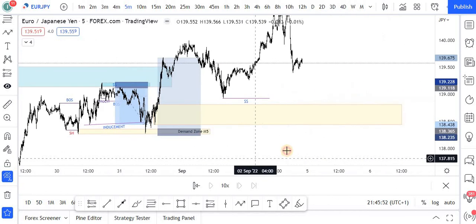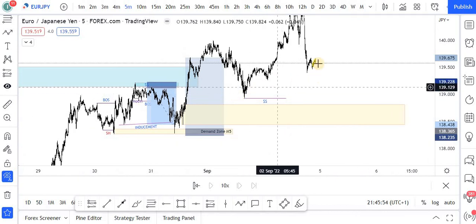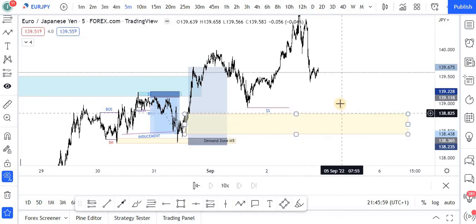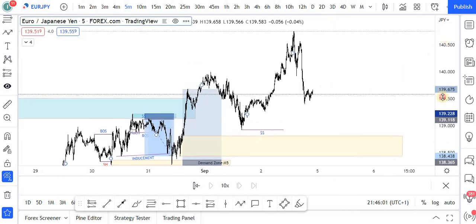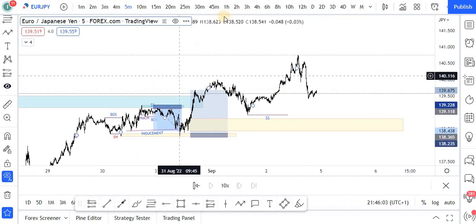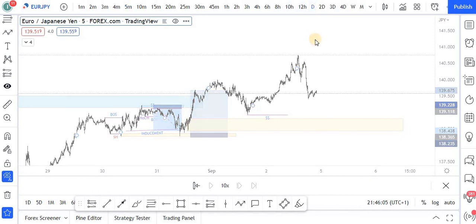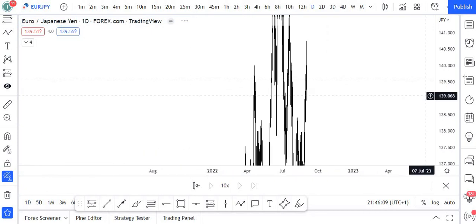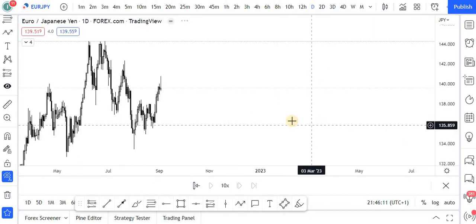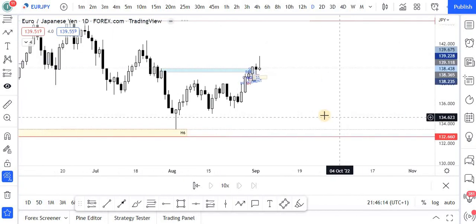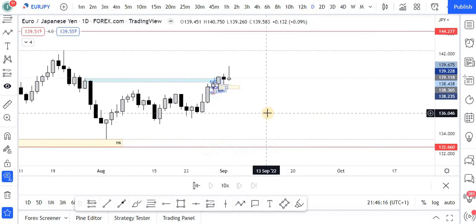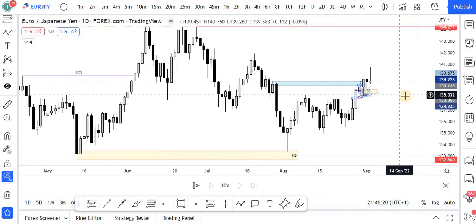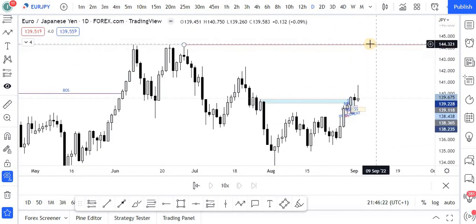And you can see I'm also expecting price to come down, tap into this OB, react from this OB, and let's see if we are going to be able to take price higher. Going back to the daily, if we can take price higher, that's what I'll be looking at. From here, if possible, we can take price higher to clear this high.